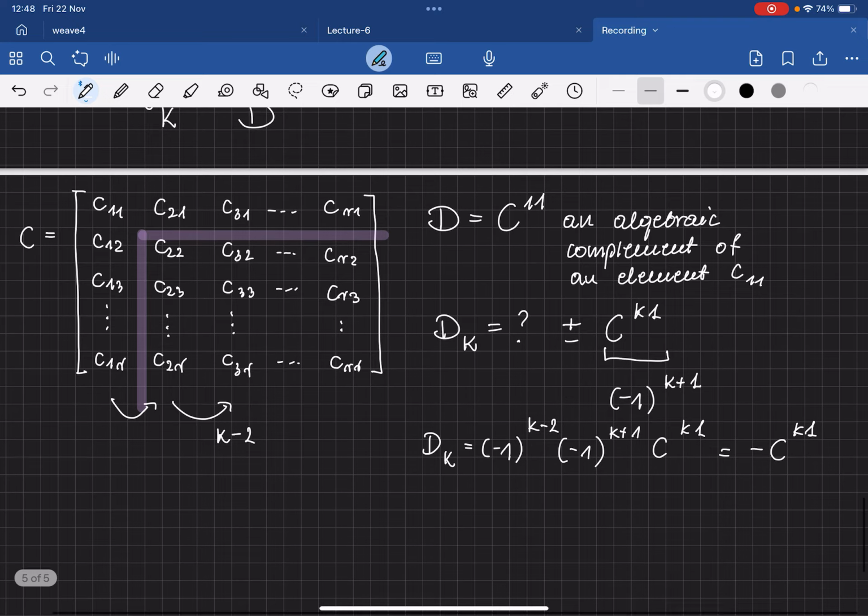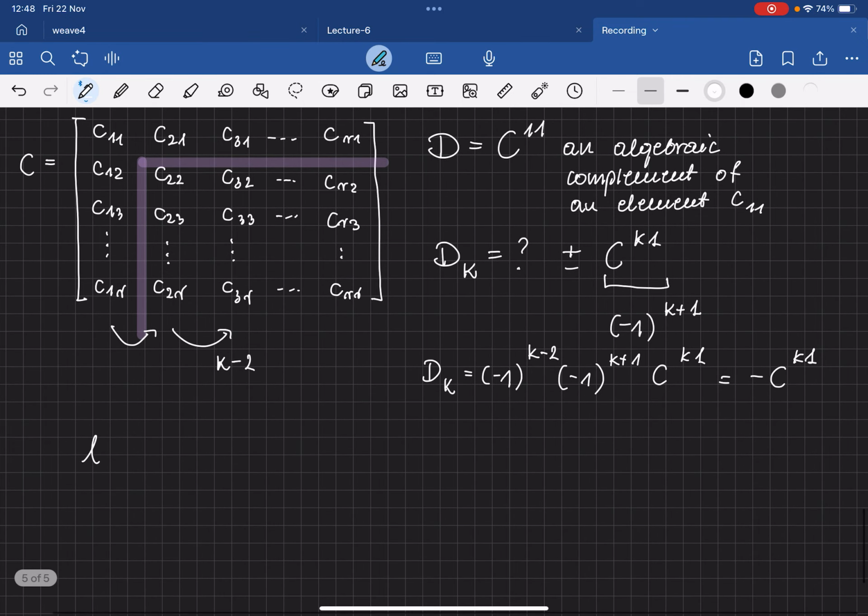So I have the general formula for Bk. It is minus C1k divided by C11, and this k is bigger or equal to 1.